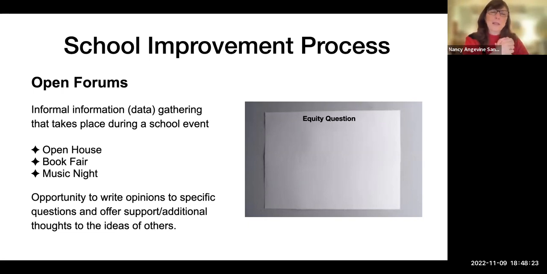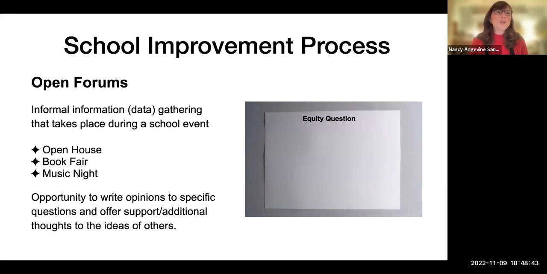So here in the picture, you'll see equity question. So there might be a question or two there to guide the parents and caregivers who are going to reply about equity. What issues do you think need to be addressed around equity in this school?